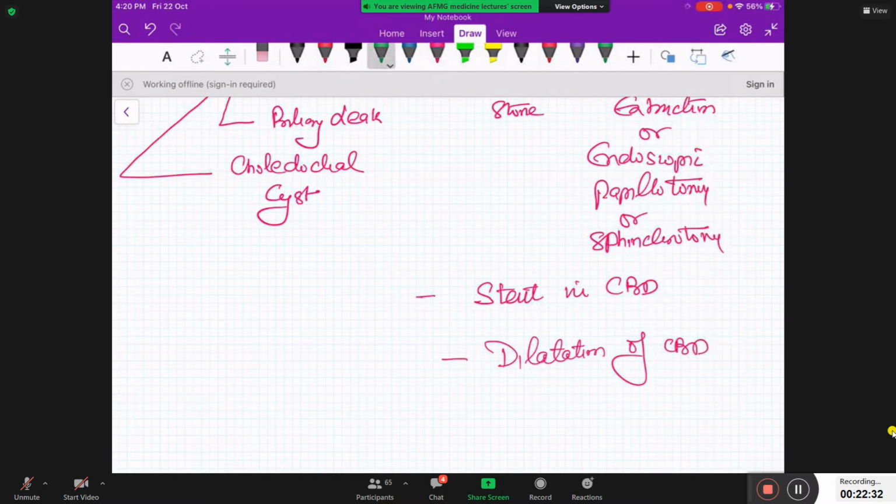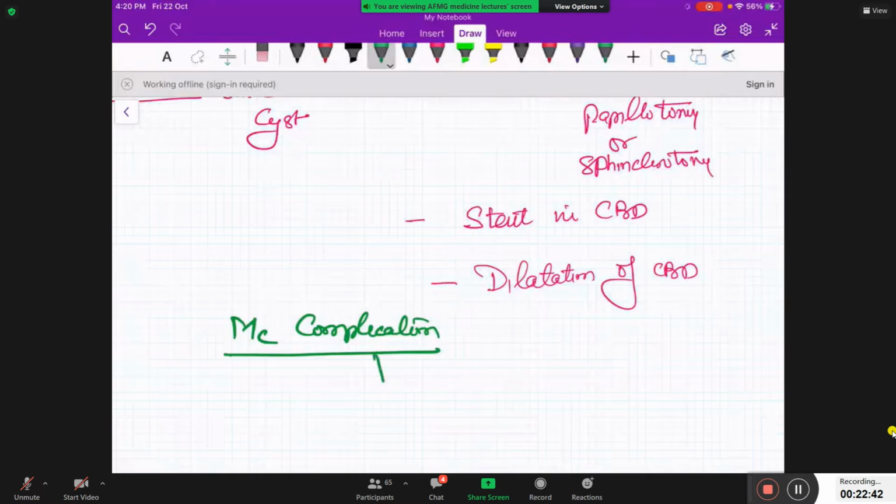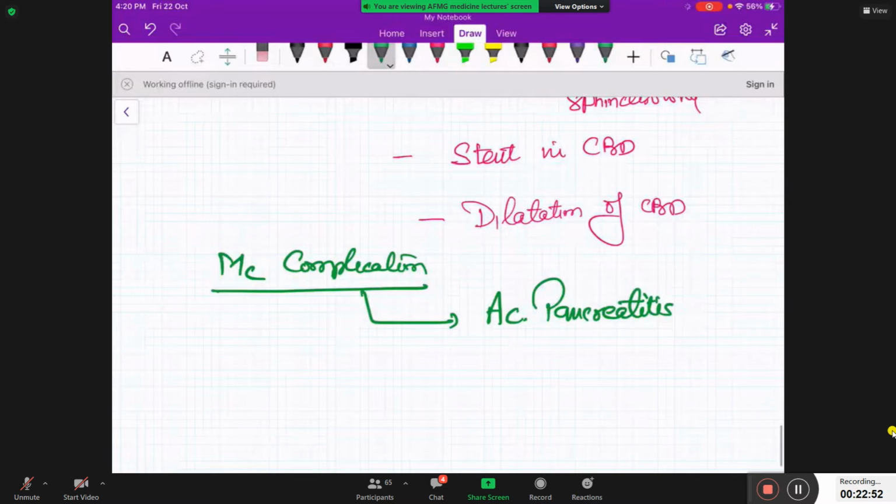And the most common complication of ERCP, a very commonly asked question, is acute pancreatitis.